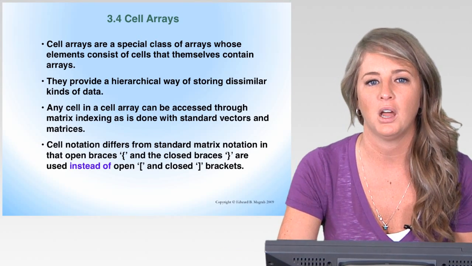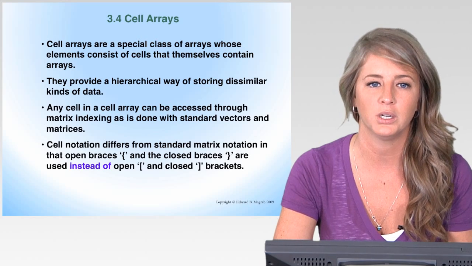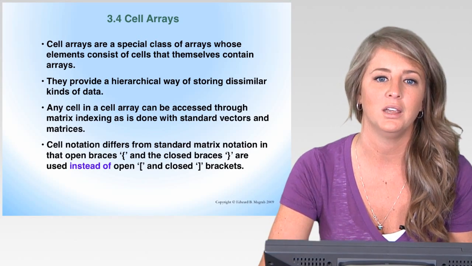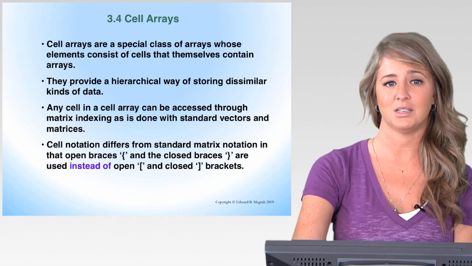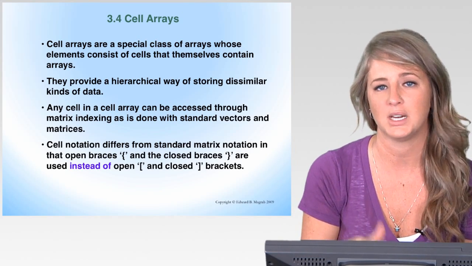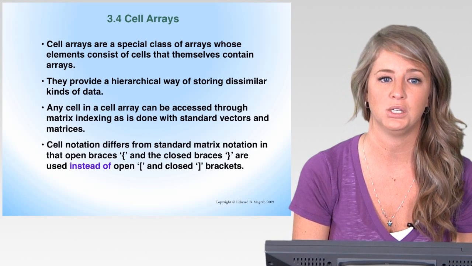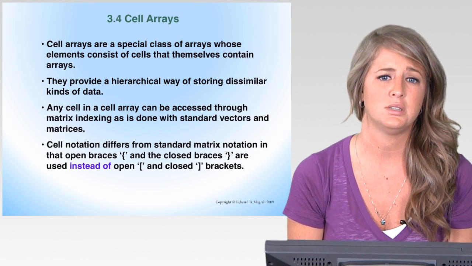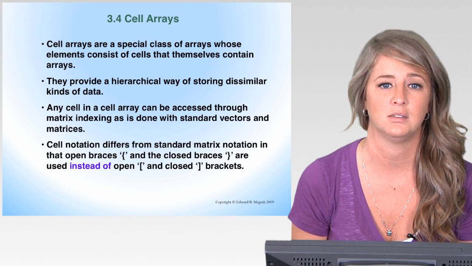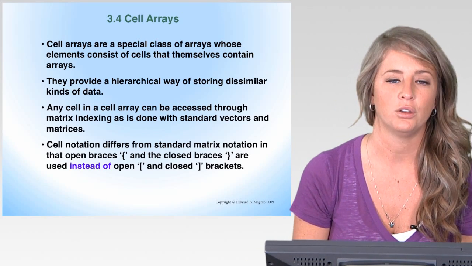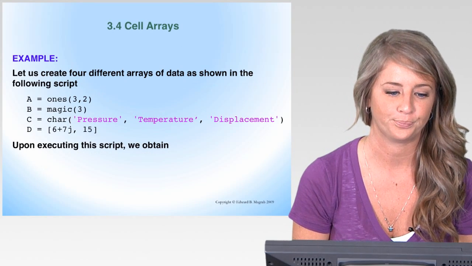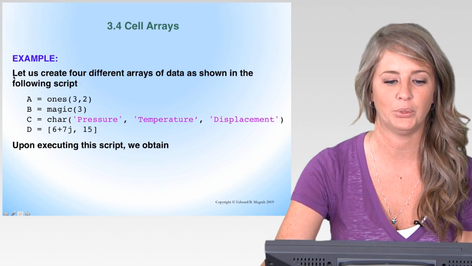So they provide a hierarchical way of storing dissimilar kinds of data, and any cell in a cell array can be accessed through matrix indexing, as was done through standard notation with the vectors and matrices. Cell notation differs from standard matrix notation, though, in that open braces and closed braces are used instead of open and closed square brackets. So let's look at an example here.